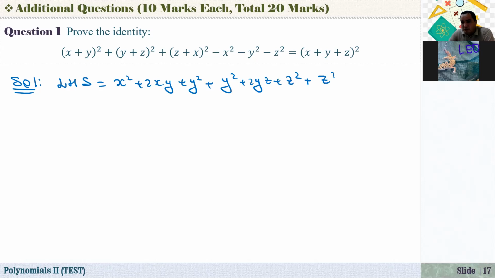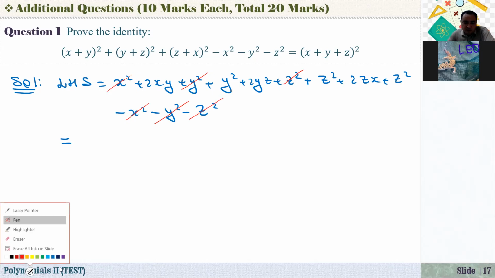And here we have z squared plus 2zx plus x squared, right? And here we have minus x squared minus y squared minus z squared. So equals, now from here, x squared and x squared, they are gone, and y squared and y squared, they are gone, and z squared and z squared, they are gone.